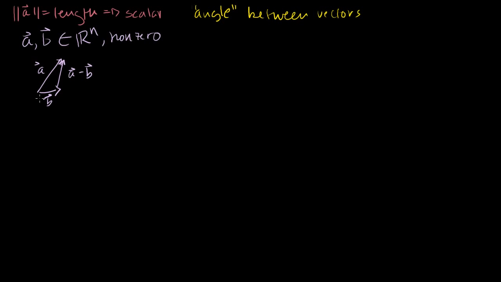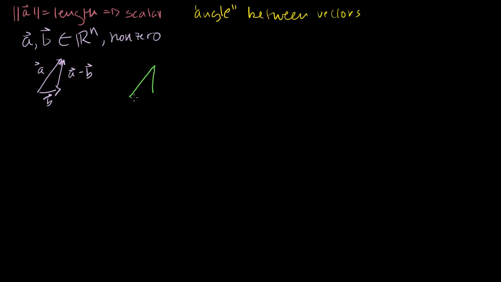To help us define this notion of angle, let me construct another triangle that's going to look a lot like this one. But remember, I'm just doing this for our simple minds to imagine it in 2 dimensions. These aren't necessarily 2-dimensional beasts. These each could have 100 components. But let me make another triangle that looks, well, it should look similar.